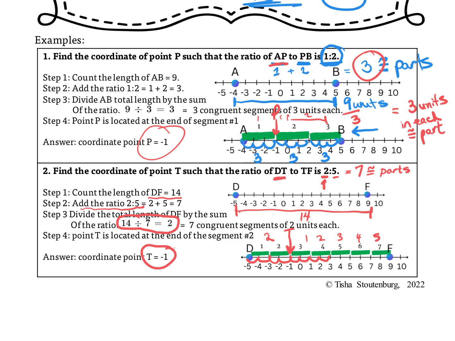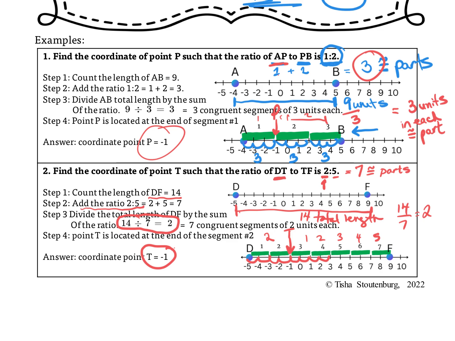Okay, and in this case, it was 14, our total length, divided by the number of parts I need, which is 7, tells me that there were 2 units in each congruent part, and that's represented by the green in my line.